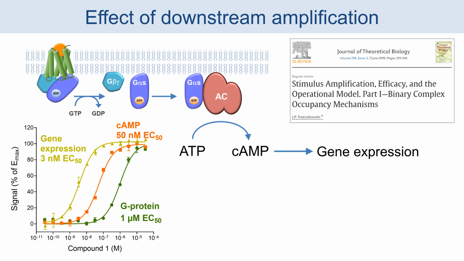This is a typical observation in GPCR pharmacology, as you may know. It results from there being consecutive steps of the pathway which act to amplify the response. This results in less agonist receptor complex being required to generate the signal the further downstream we are from the receptor. And this effect is nicely explained in this paper here.